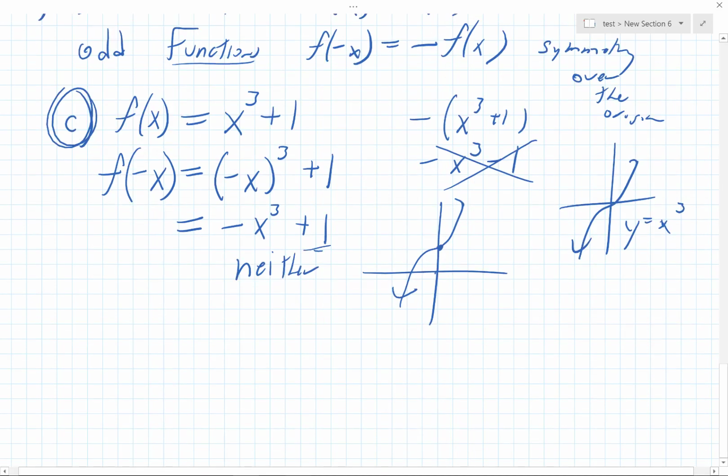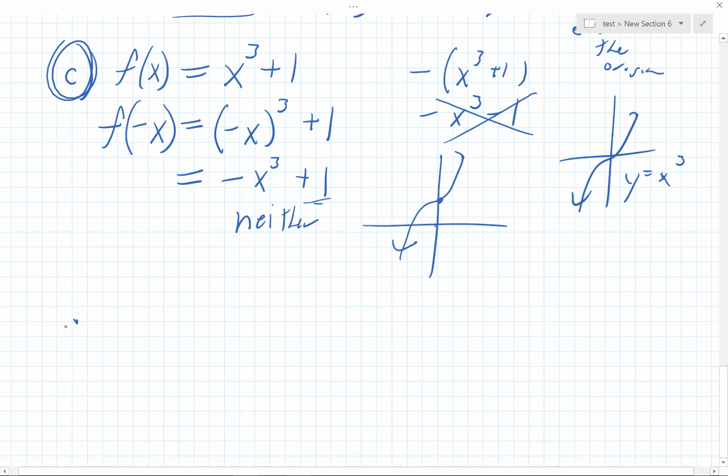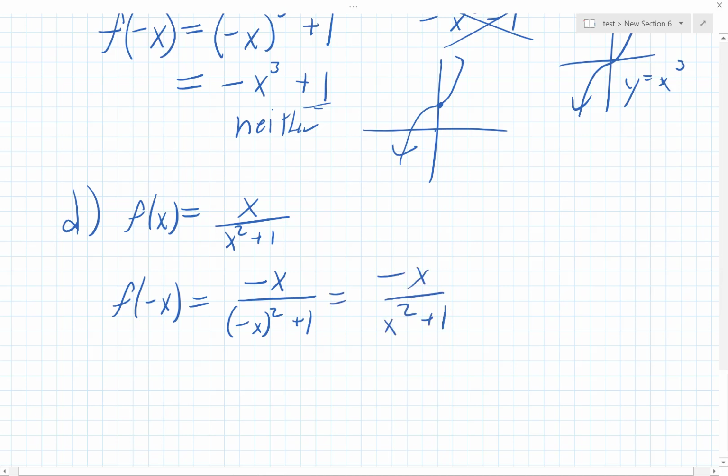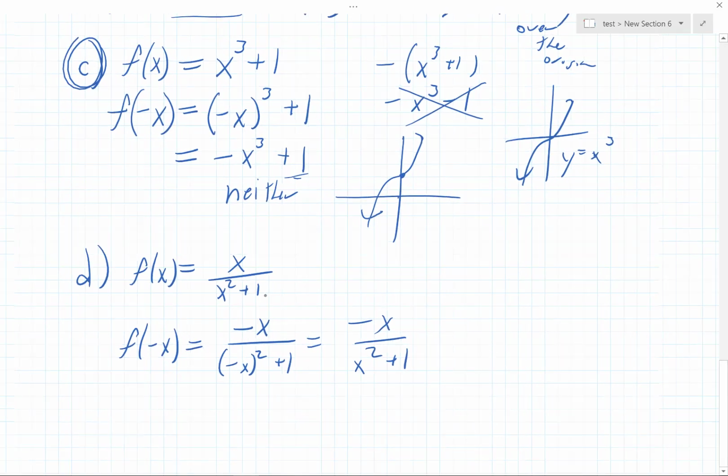But we should check the other ones just so you can see why they work. So I'll do D, f of x equals x over x squared plus 1. So when I plug in f of negative x, I replace the x's with negative x's. And I can see that I'm not my original, so I'm not even, but I am the opposite of my original, right?